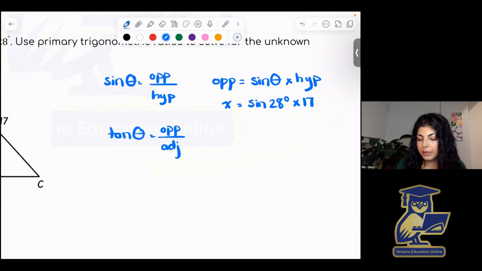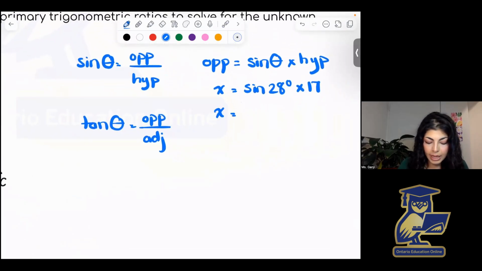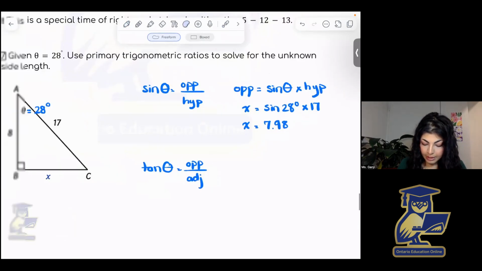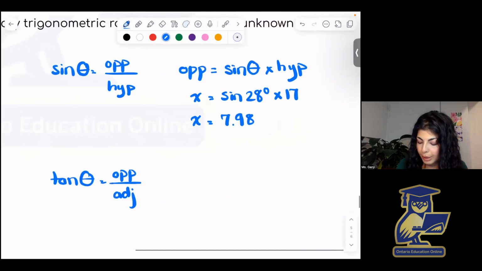The reason I do this is because sine of 28 degrees is going to give you a decimal. So when you have one expression and you just input that into your calculator, you get the most exact answer. And in this case, we get x is equal to 7.98. We don't have any units here, so I would just write units.